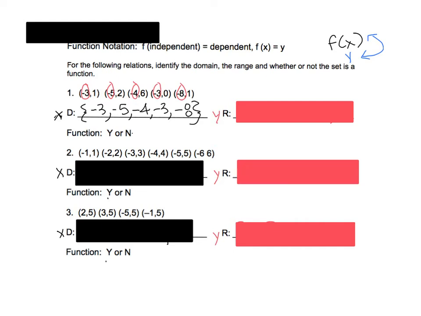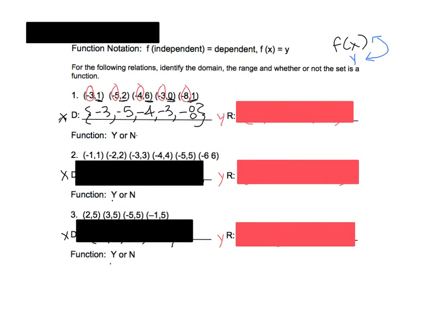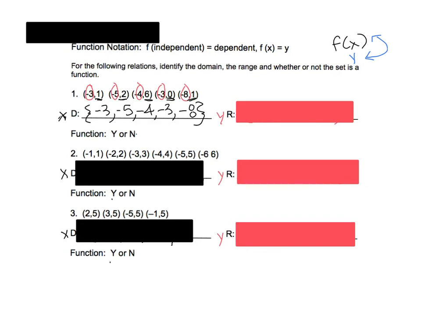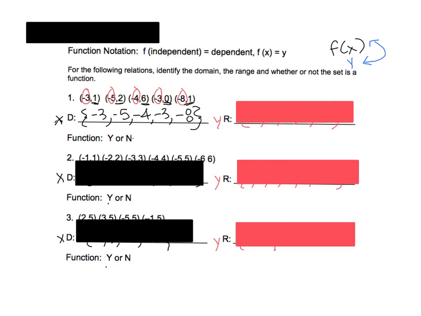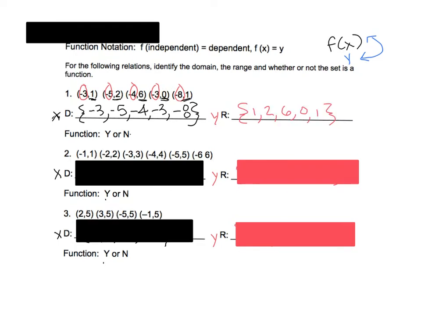And yes, my little brackets are hideous, I know. And then for our range, I will underline those values: 1, 2, 6, 0, and 1. So our range, okay, I guess I can't move that box.